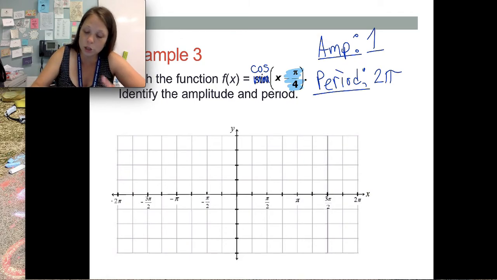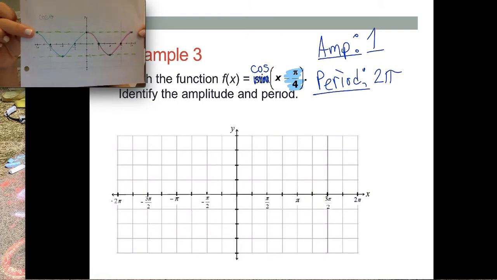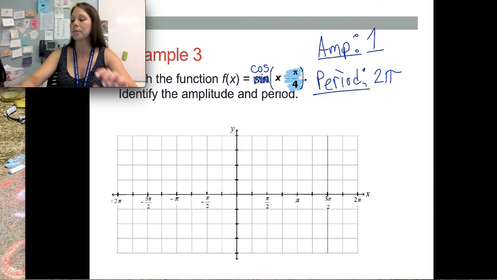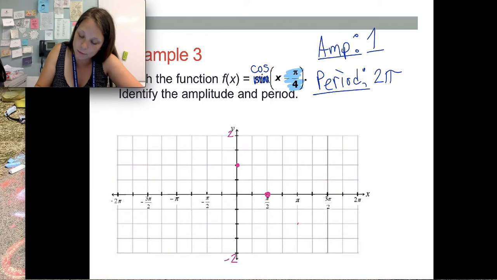So the normal traditional cosine function, which if we look back at where we originally defined it in our notes, or if you refer to your copy if you have one off to the side, we have a point at 0, 1, and at pi over 2 we are at 0, at pi we're at -1, 3 pi over 2 we're at 0, and at 2 pi we're at 1 again.